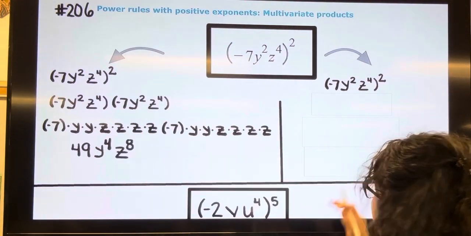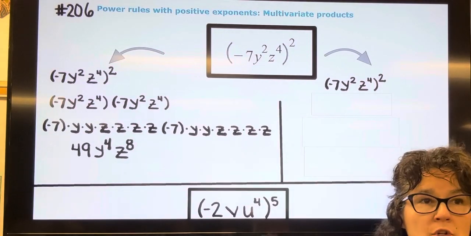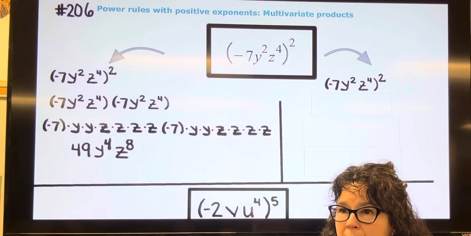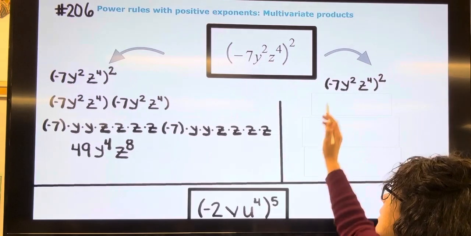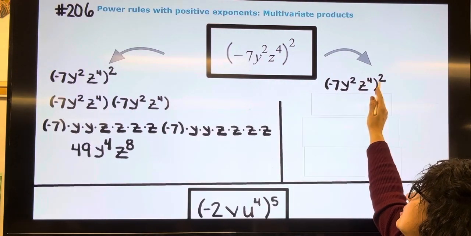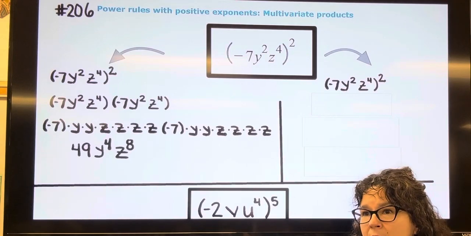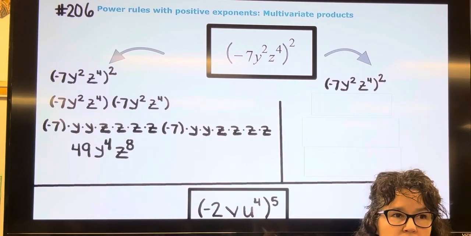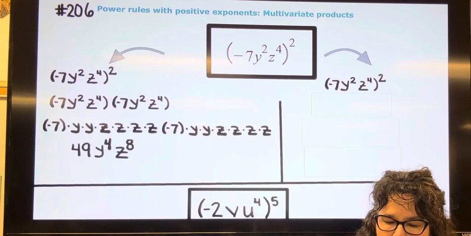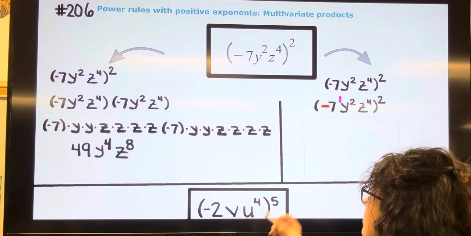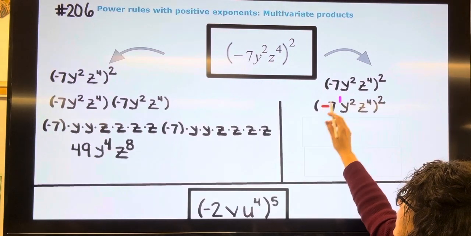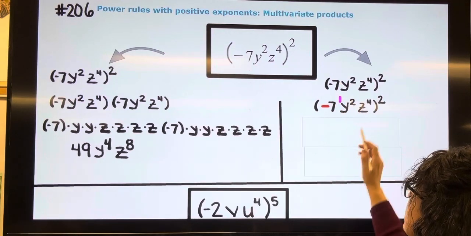But if we use the power to a power, again, make sure you think of what is my sign before you even get started. This -7 is to an even power. So if you have an even amount of negatives, you know your final answer is positive. Emphasizing here the negative, and the exponent on 7 is 1.